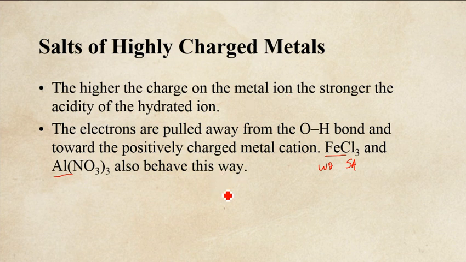Now the details in this, I haven't seen a question on this in years, so this is kind of a topic that's rather fringe. But nevertheless, we wanted to bring this to you just so you can see that this is a phenomenon we see with highly charged metals. That's slightly different than the expected salt of a weak acid, salt of a weak base we see. And that concludes the discussion on determining the pH of salt solutions.